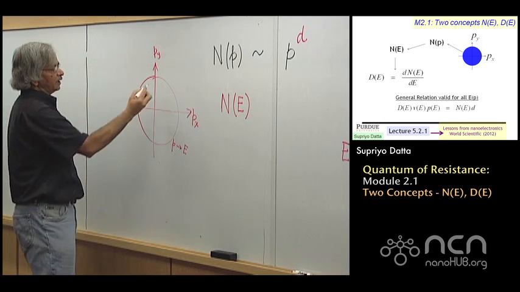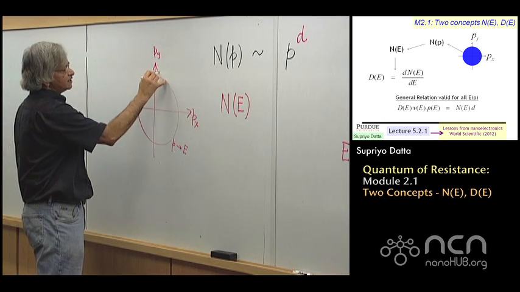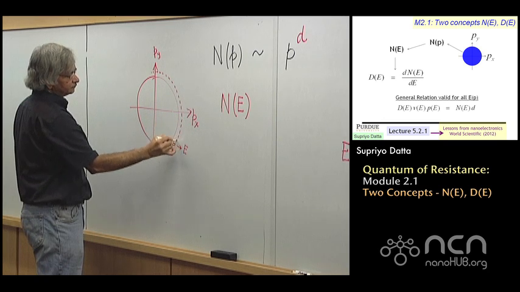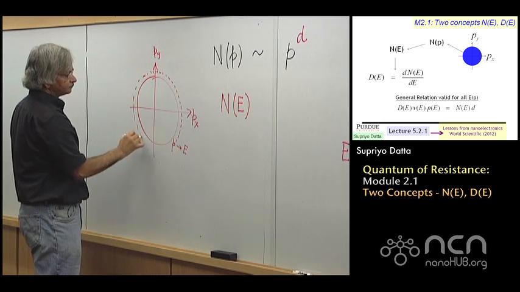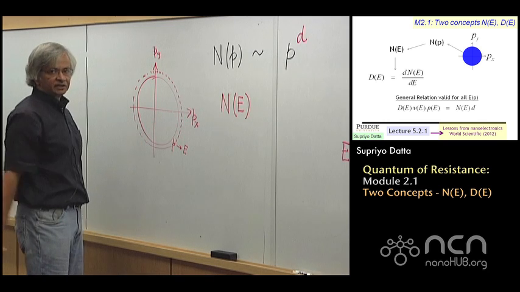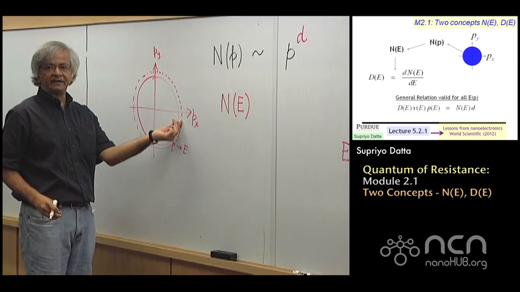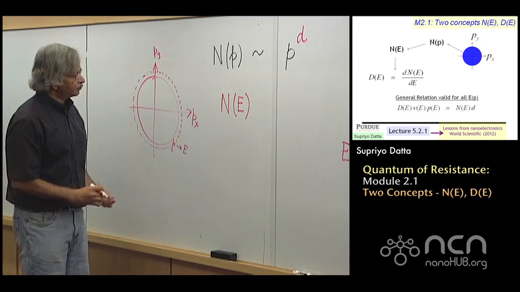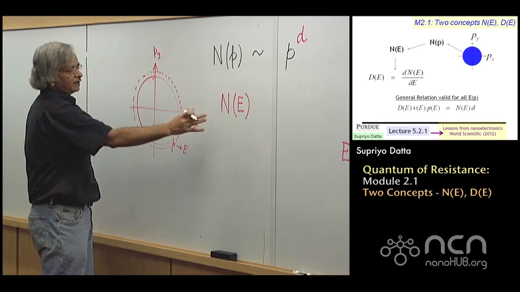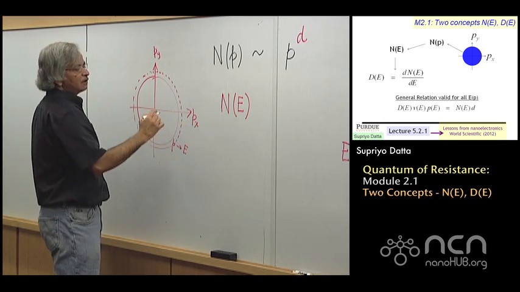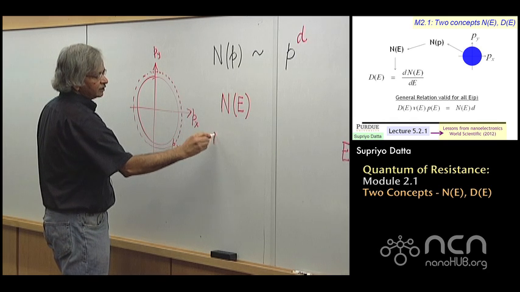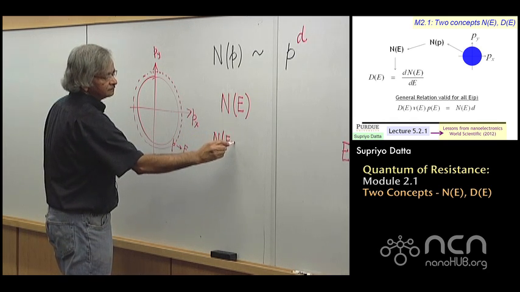Well, what you want to know is, if I increase the energy a little bit, like so, how many extra states do I get? Well, the way to think of it is, find N of E, find N of E plus dE.